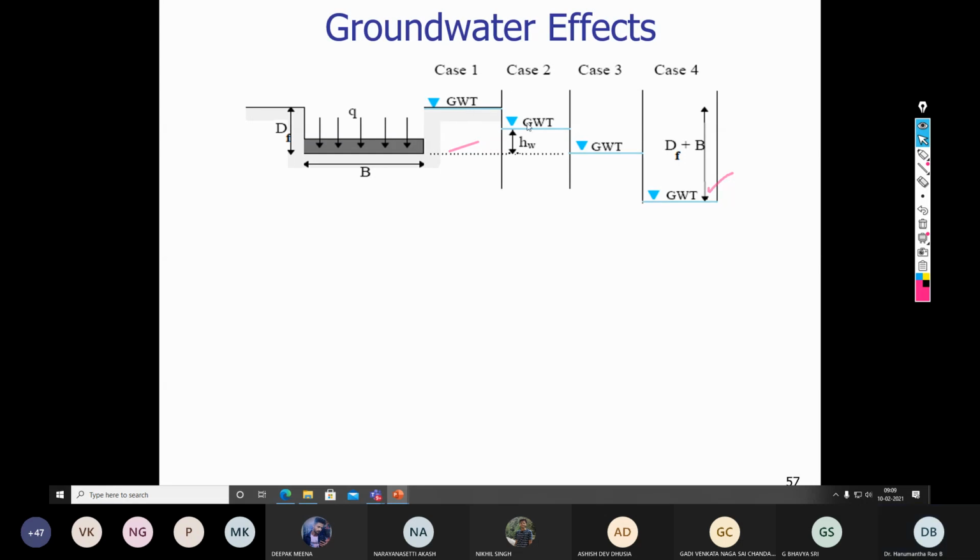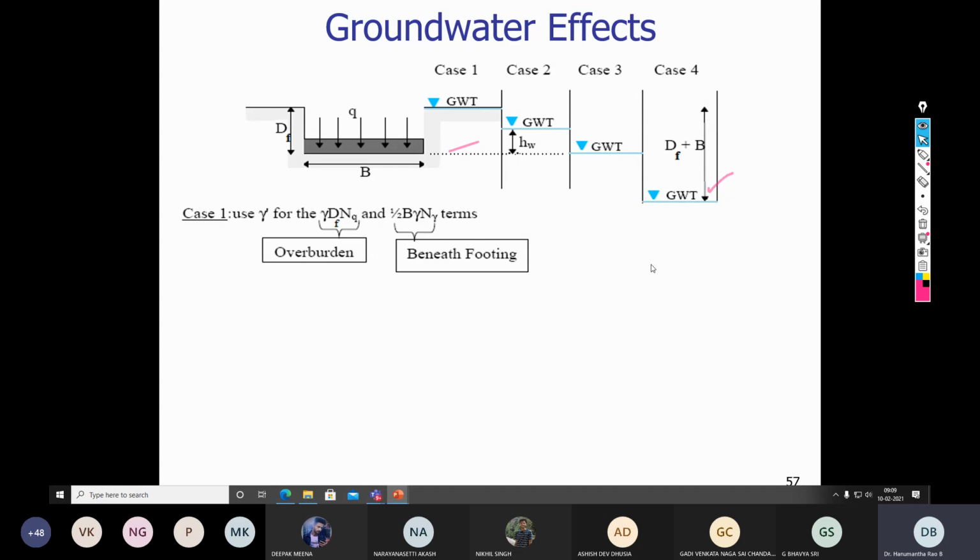Case 2, the groundwater table is between ground surface and the foundation level. Case 3, the groundwater table coincides with the foundation level. Case 4, the groundwater is below the footing level.